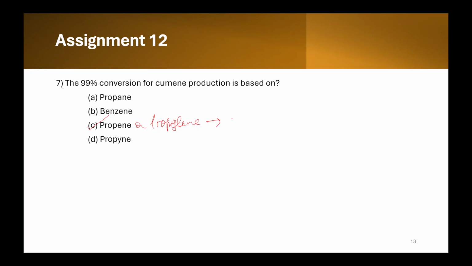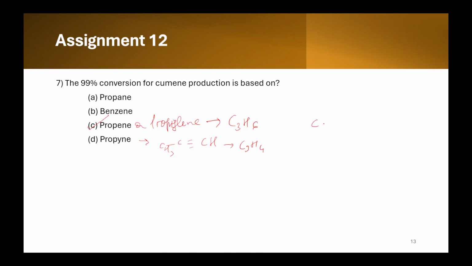So this is C3H6, and this is C triple bond C. So it will have triple bond, all bonds satisfied, so it will be C3H4. Okay, and this is C3H6.